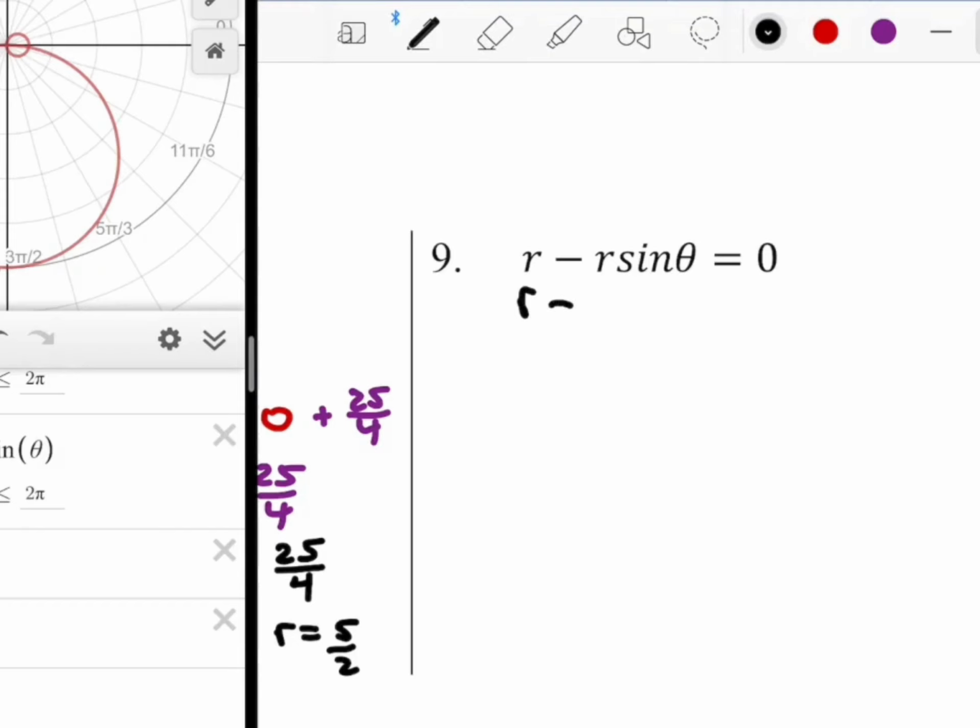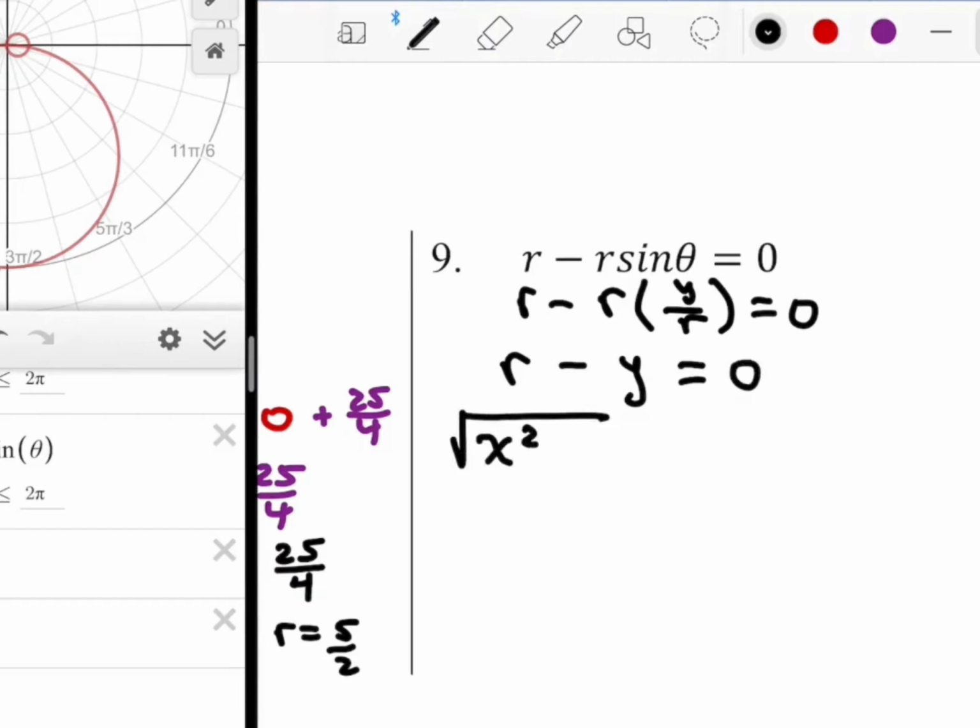All right, so then number 9, a little bit of a different story. We have r minus r times, we'll make it y over r. So r minus y equals 0. Now that r can be thought of as the square root of x squared plus y squared, minus y equals 0.